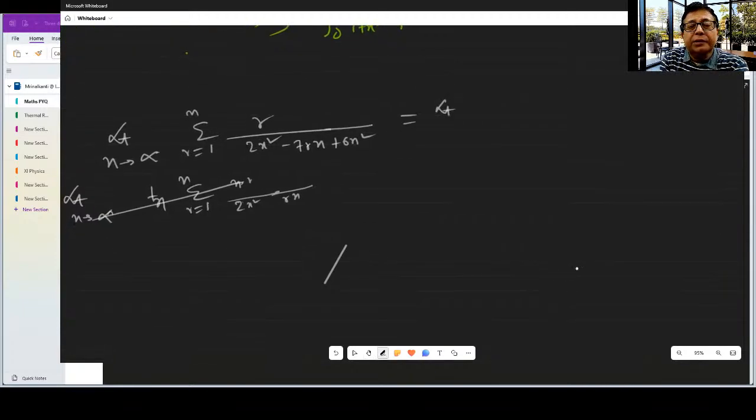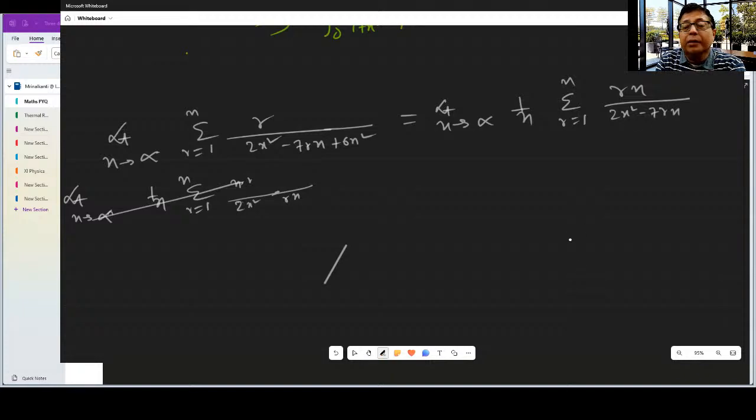This is 1 by n, r equal to 1 to n, rn by, so this will be 1 by n dividing by what?